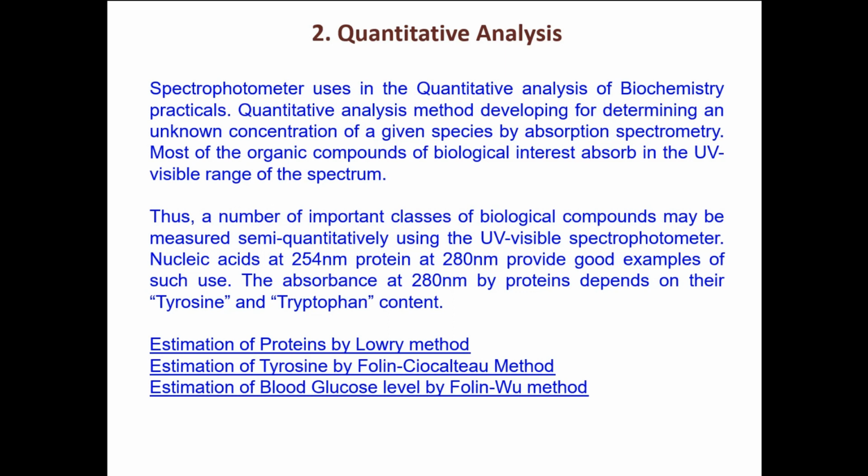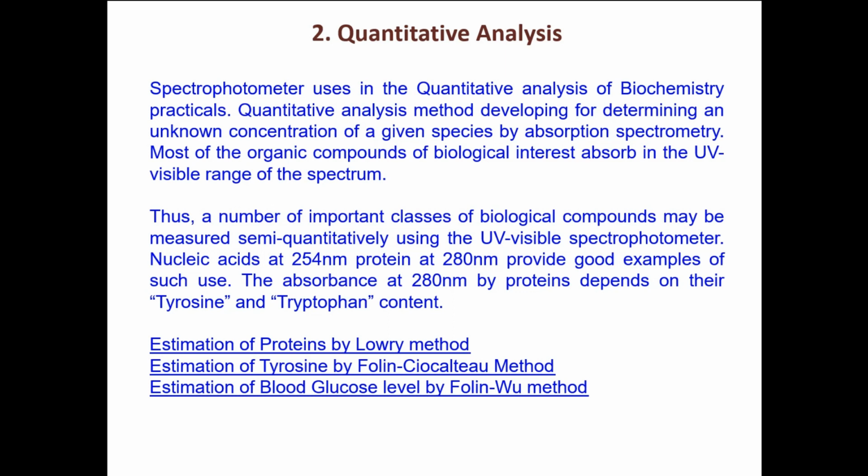I'll give you the best example here: the quantitative analysis by spectrophotometric method is always helpful in calculating the amount of protein present in a biological sample, the amount of DNA, the amount of RNA, or fats or carbohydrates or any other molecules.